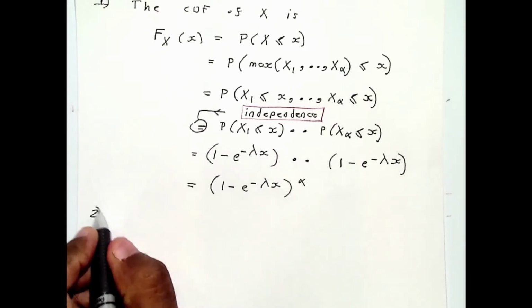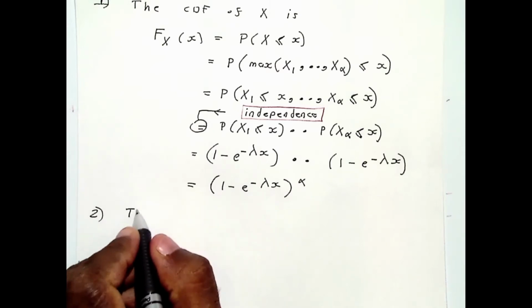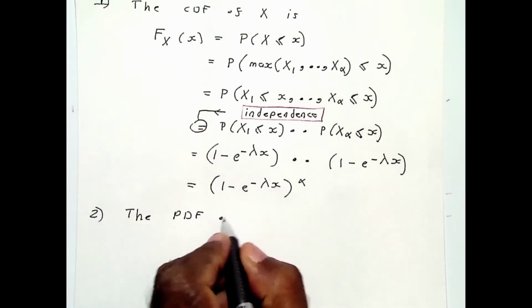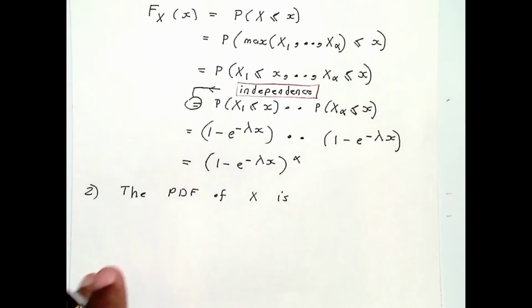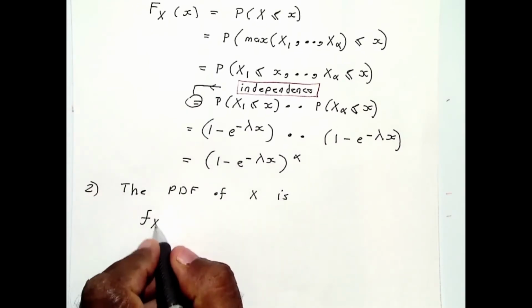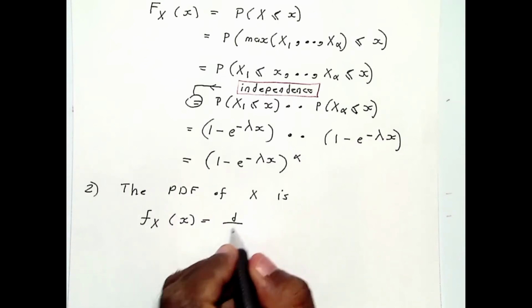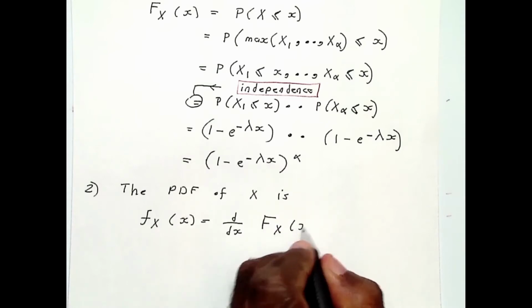Part 2 of sheet number 7 is to find the PDF. I'm sure all of you know that to find the PDF you simply differentiate the CDF with respect to x.